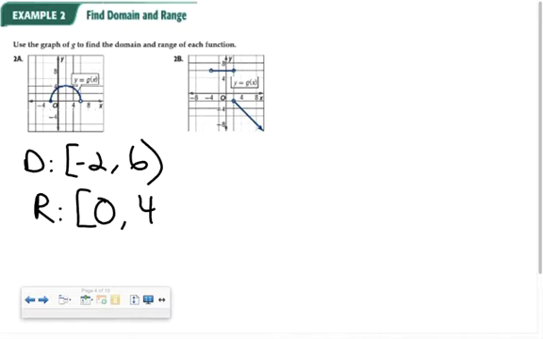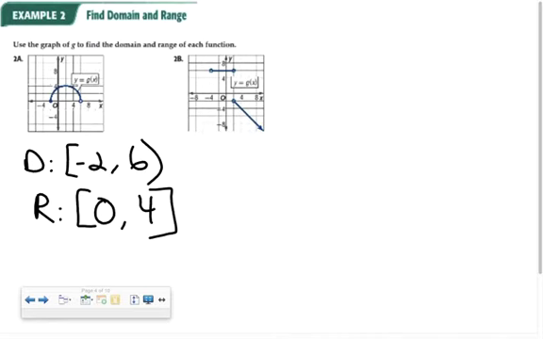And since there doesn't appear to be an open circle at the 4, I'm going to put a bracket there. So my domain is from -2 to 6, with -2 being included and 6 being excluded. And my range is from 0 to 4 inclusive.